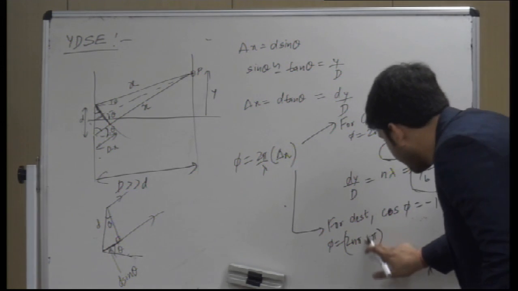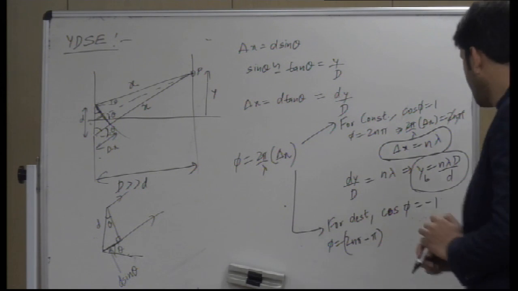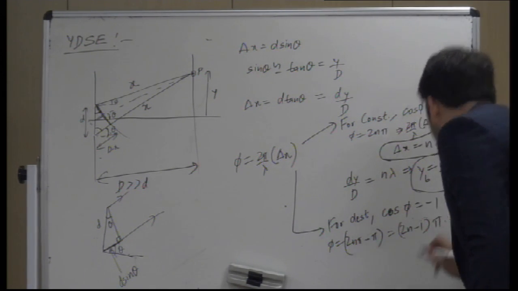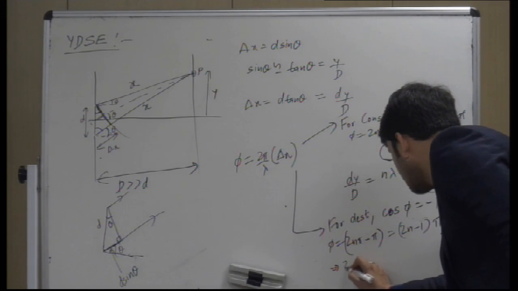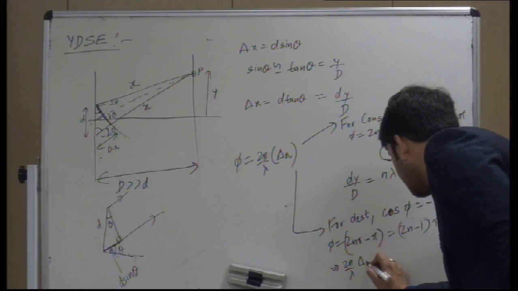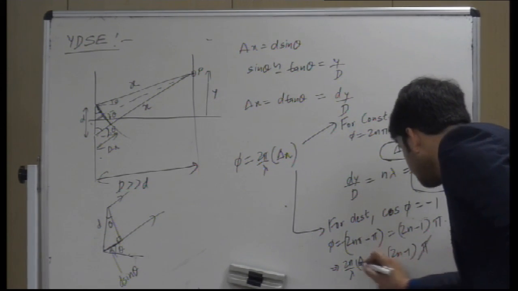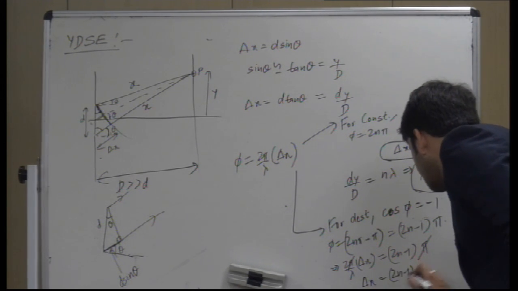I would prefer minus, I'll explain in a little while. This can be written as 2n minus 1 pi. So going by this logic, 2 pi by lambda into delta x is equal to 2n minus 1 into pi, and delta x would become 2n minus 1 into lambda by 2.